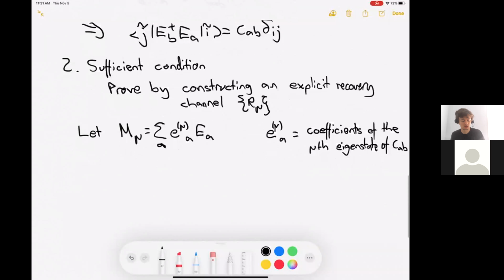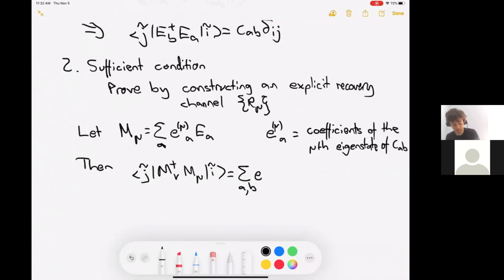So what does this do? Well, then it's easy to see that if we take J tilde, M nu dagger, M mu I tilde, then we get a sum over A and B of E nu B CBA EA mu times delta ij.